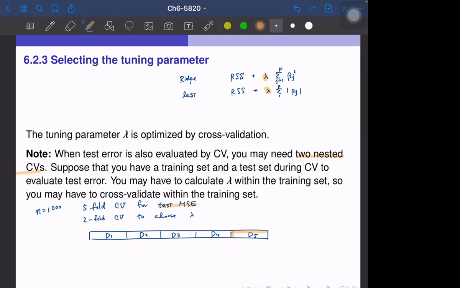So we make this the test set, and the other 4 the training set. Then we have to evaluate lambda. So we randomize D1 to D4 into 2 parts.